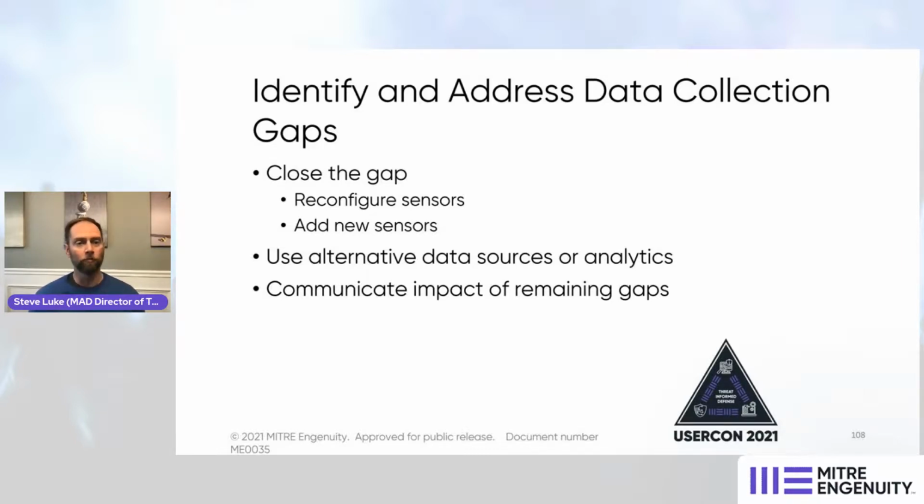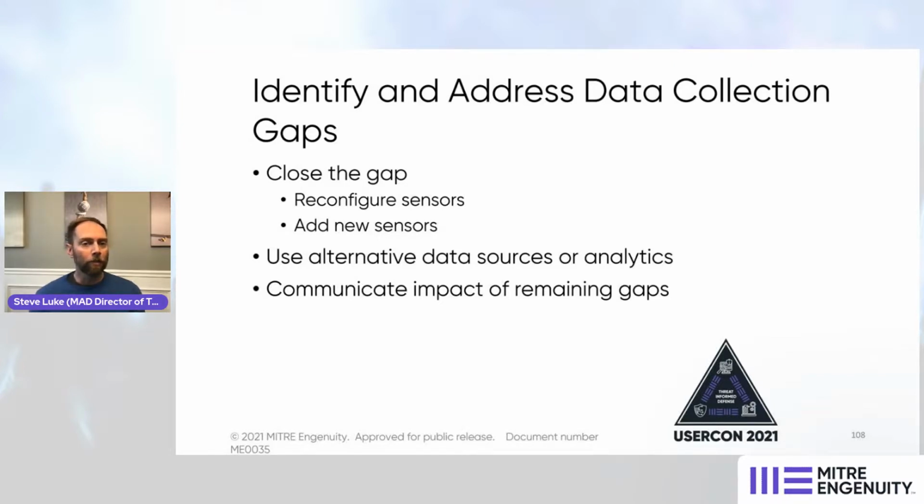Maybe it's just for IT purposes of making sure that things are up and running. But you might find some gaps. And so we'll give you some options about what you can do about those gaps. You might be able to easily reconfigure a sensor and, for no real additional cost, get some additional insight. You might need to buy some new sensors or get some free sensors to augment what you already have.